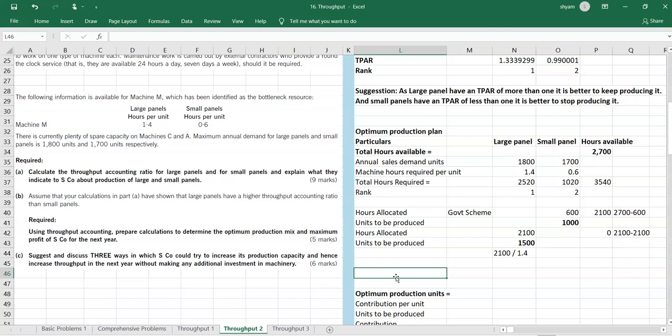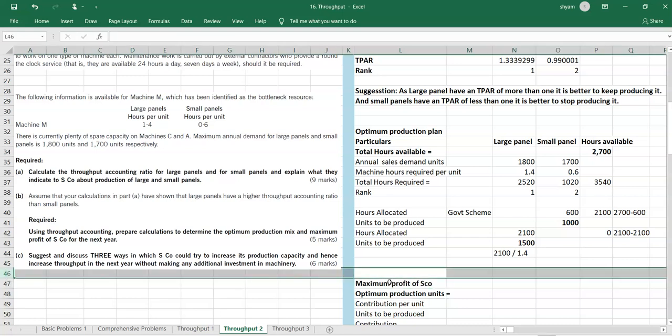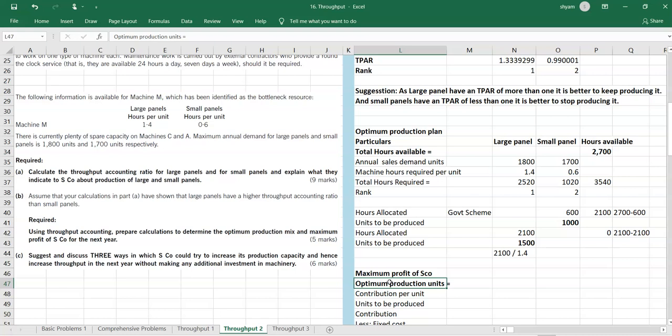Okay, so they're asking for the maximum profit of ESCO. So optimum production units that we have is 1500 here and 1000 here.